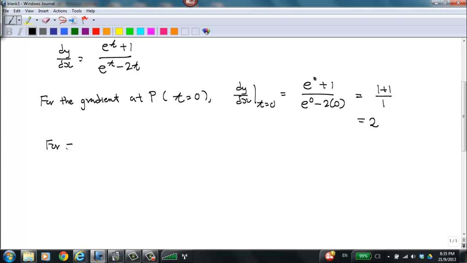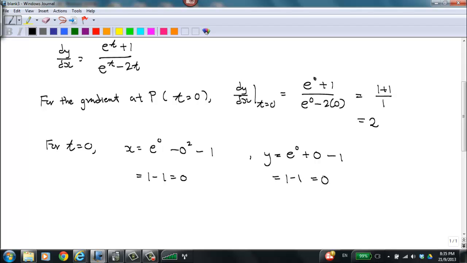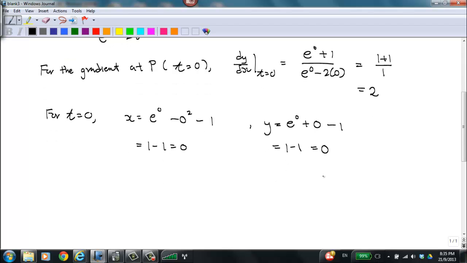For t equals 0, we put this value into the parametric equations, and both x and y are 0, which means that we are looking at the origin.